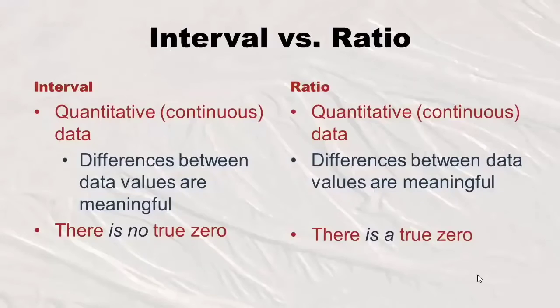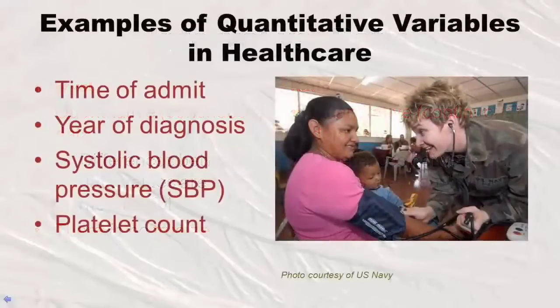It's in between. Whereas for ratio, I remember from high school that you can't have a zero on the bottom of a ratio or a fraction. So that's the mnemonic I use: ratio means you have a true zero. But how does this work out literally? Well, I'll show you.